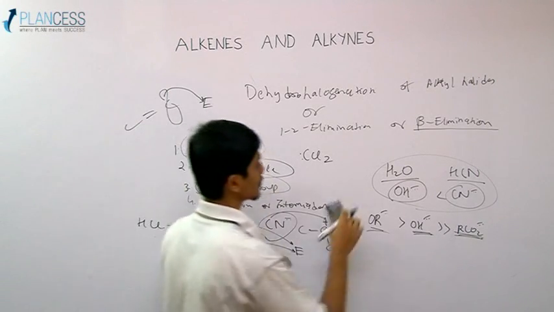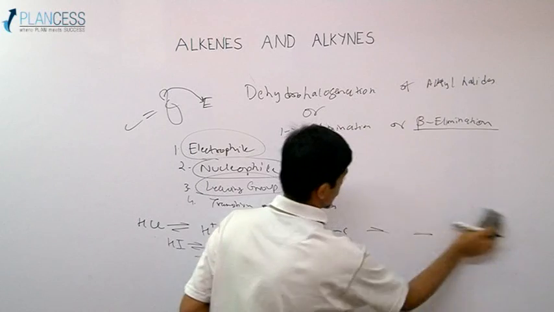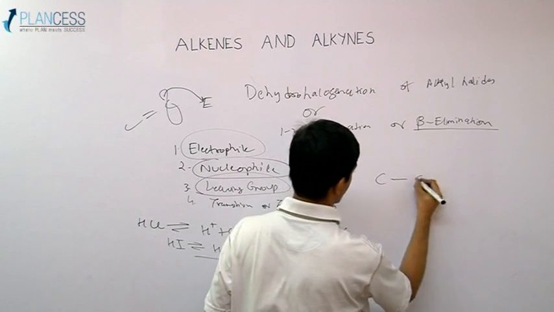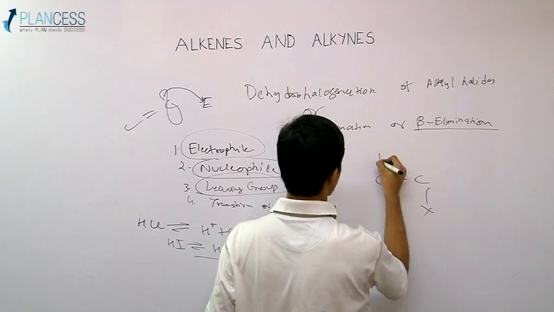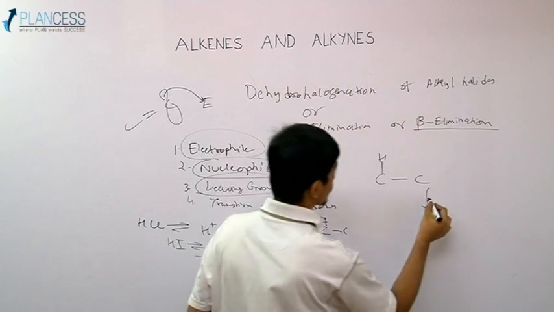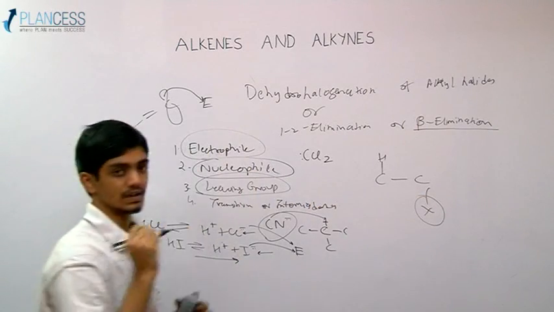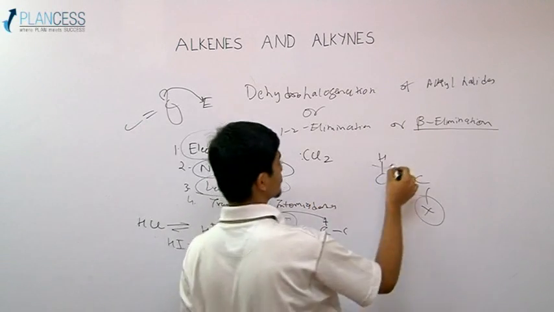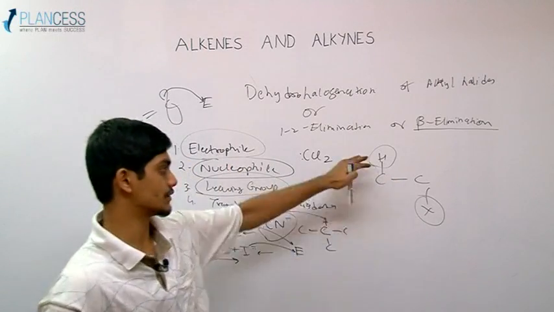So now, leaving group. In the reaction of elimination, you observe one thing, that you have an X, you have an H. Now this X has to leave this system along with this H, but this H won't leave just like that.